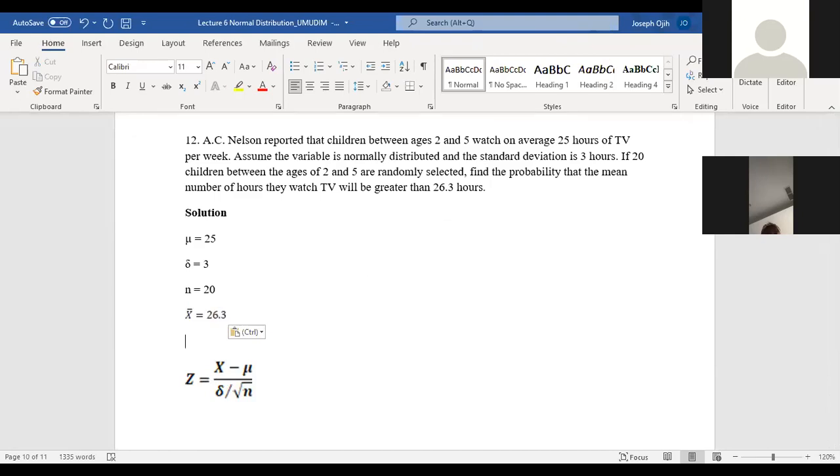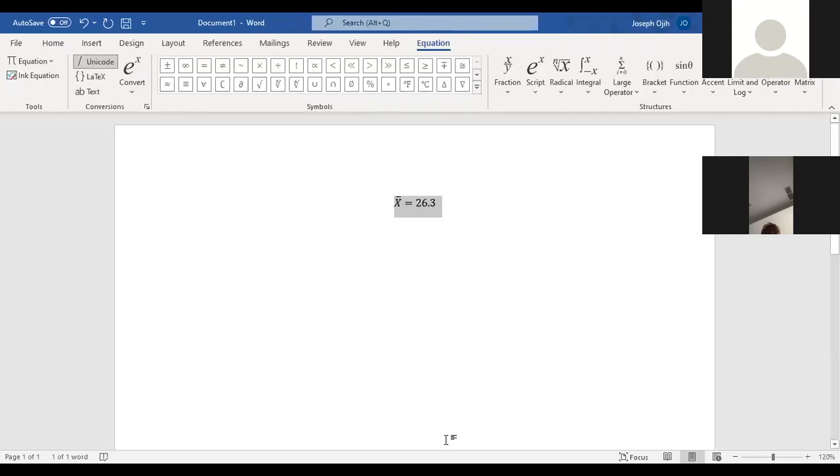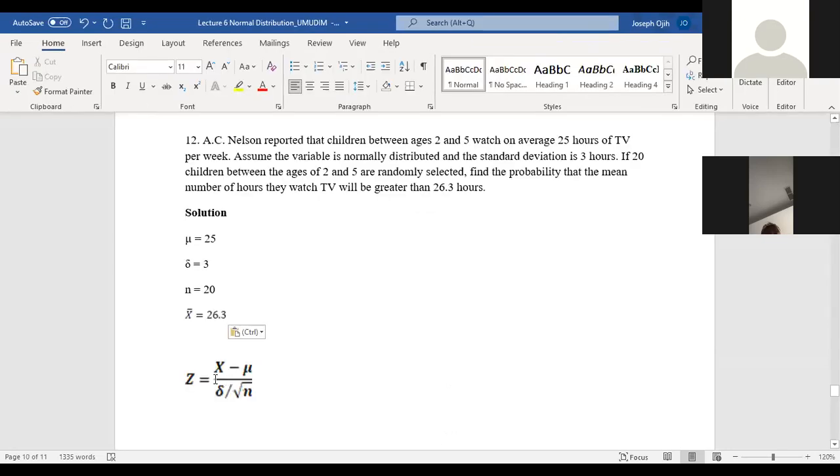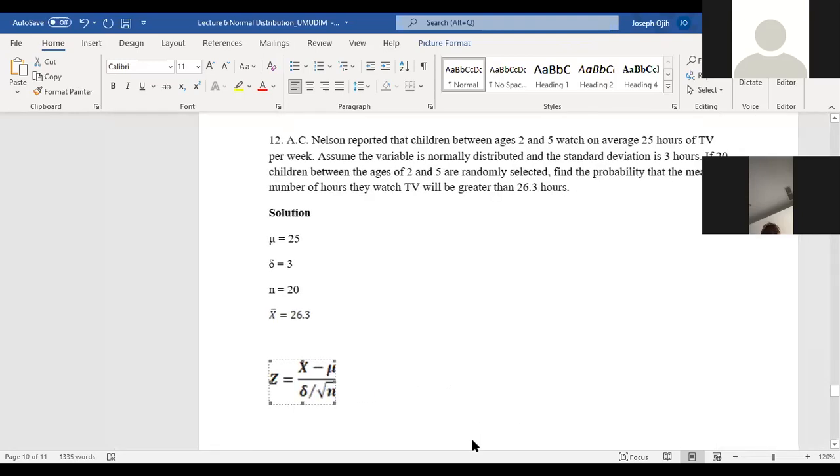So with now going back, we have this in this form. I think I'm going to copy this other one so that it will save us time. So I'm going to copy this and paste it there to save time.